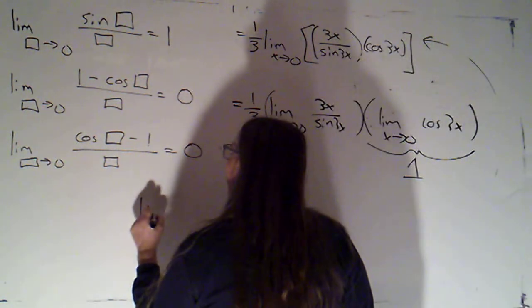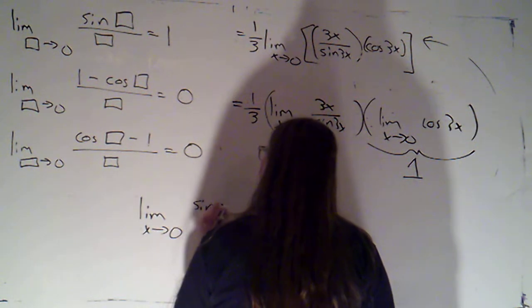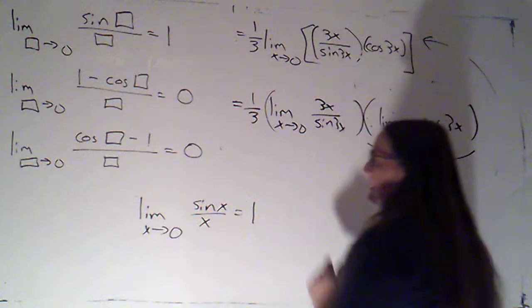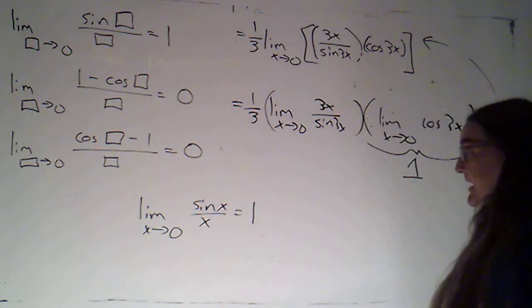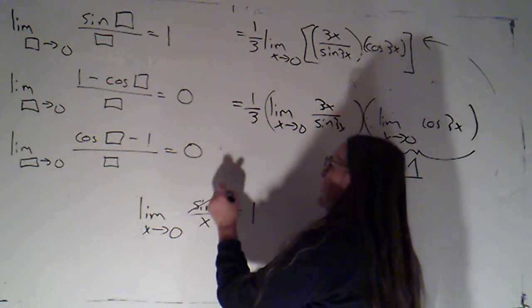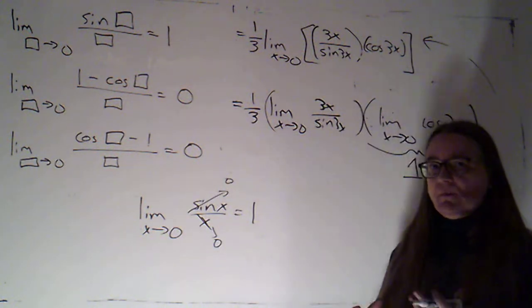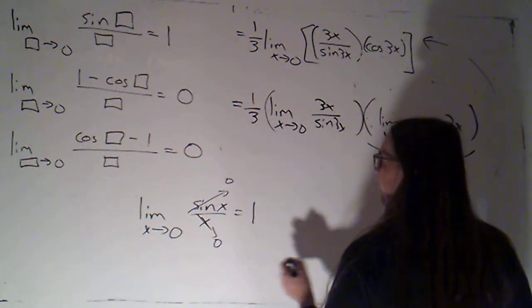Okay. I know that the limit as x goes to 0 of sine x over x is 1. Okay. This right here is an indeterminate form. Top goes to 0, bottom goes to 0. Since it's an indeterminate form, I have to keep those pieces together.